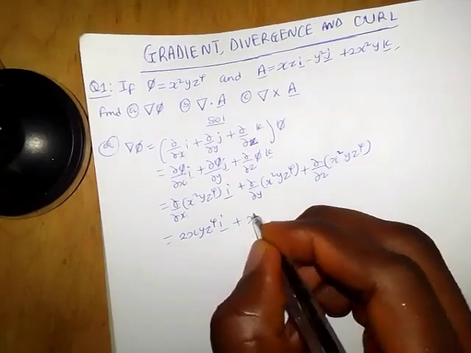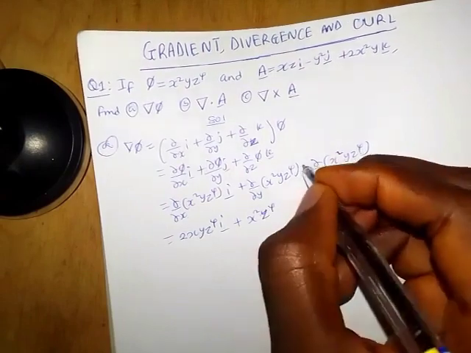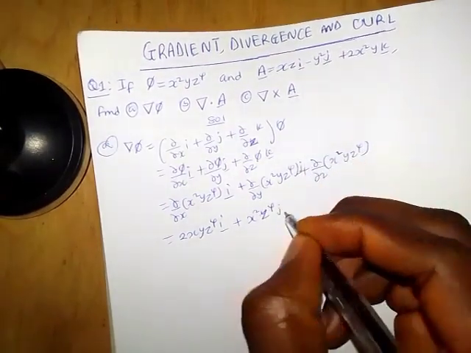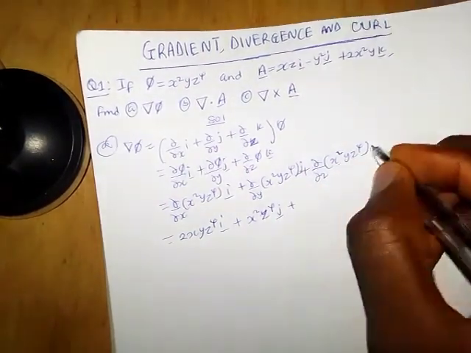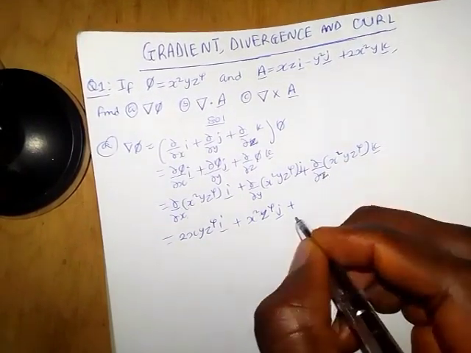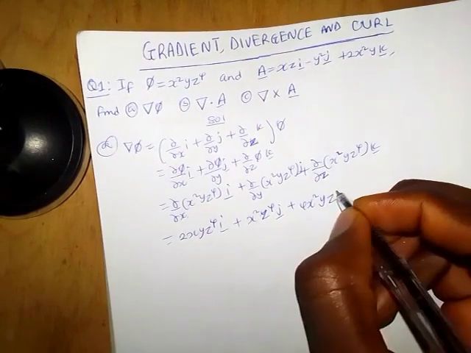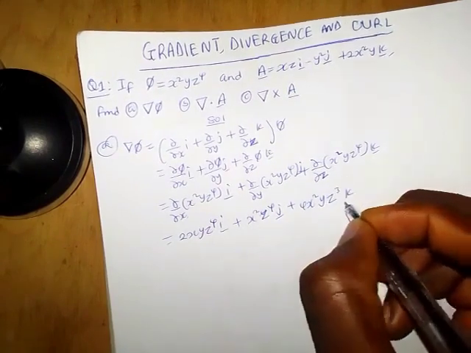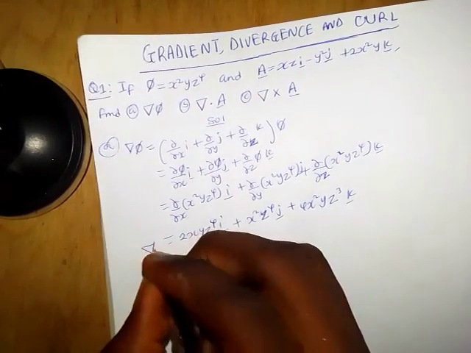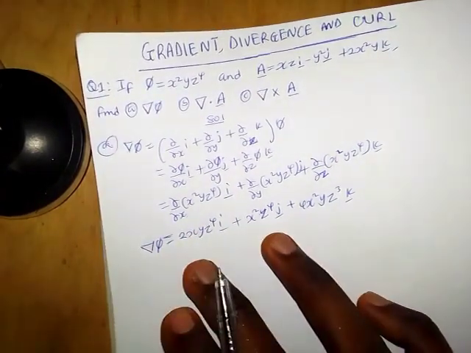Doing that, we have x squared z raised to power 4 j unit vector, plus the third component. We differentiate with respect to z, so we have 4x squared y z raised to power 3 k. So that's our gradient function. So we have grad phi.